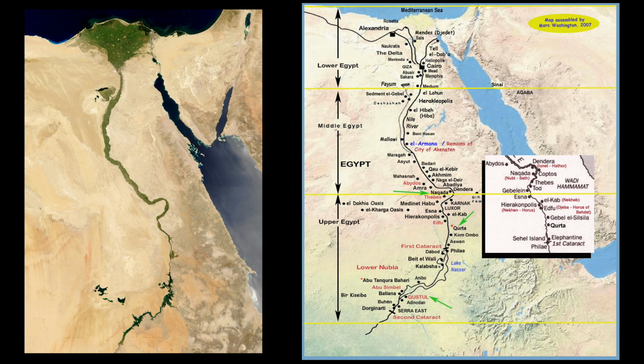Okay, so Egypt shares a couple of geographical things in common with Mesopotamia. This is going to be a major agricultural region, very productive, and really centered around a river, in this case, the Nile River. Where it's a little bit different from Mesopotamia is that Egypt is even more extreme in its climate.